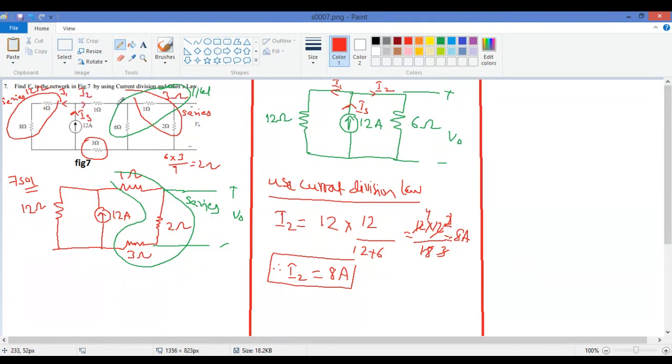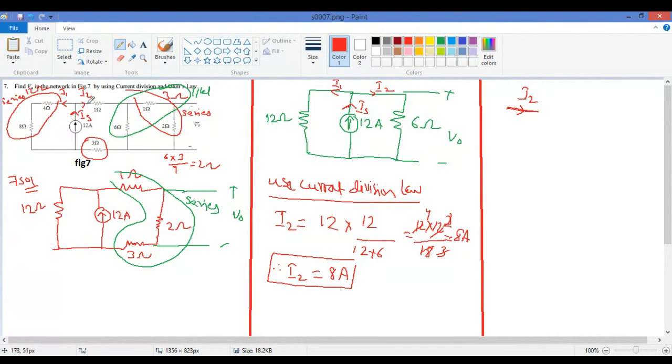Okay, so from this I2 the current is going, and again current gets divided here. Current gets divided again at 6 ohms, and again at this 3 ohms. Okay, so the current is same across this. So I will just take a snapshot of this. Look here, this is I2.